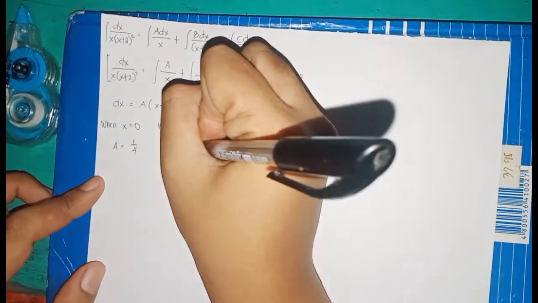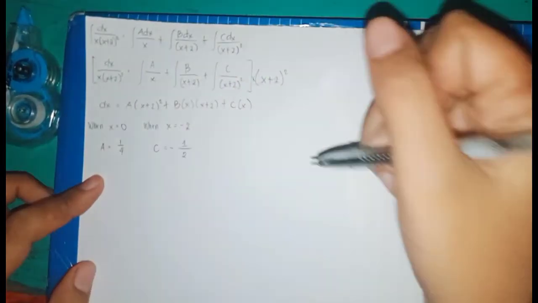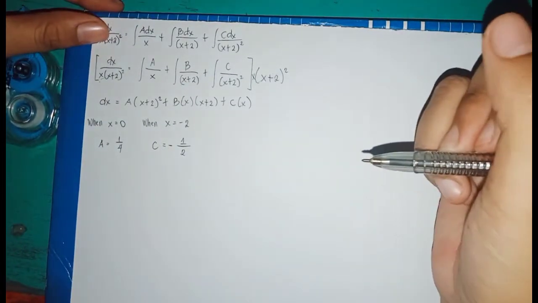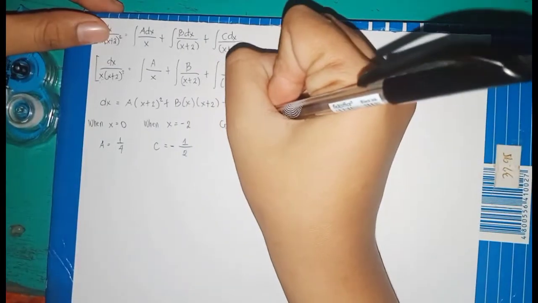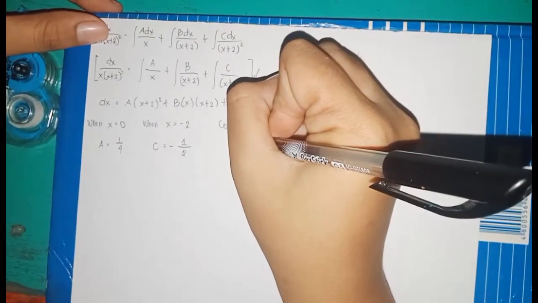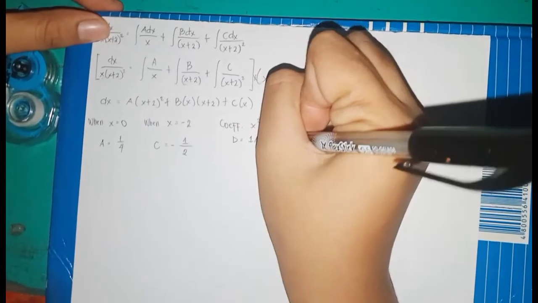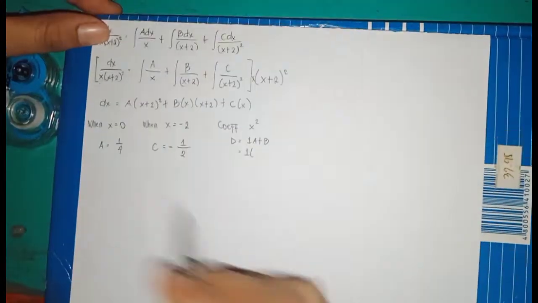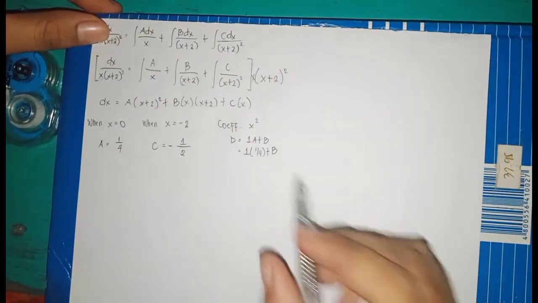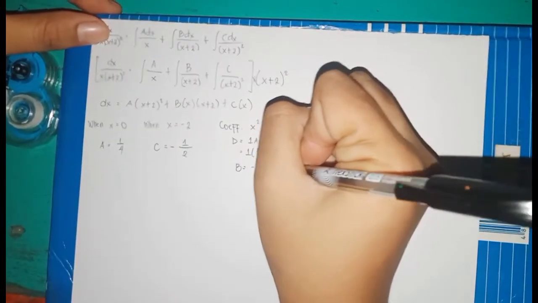That's why we have negative 1/2. To get the value of B, we need the coefficient of x squared. The coefficient of x squared is 1, which equals A plus B. So 1 is equal to 1/4 plus B, so B is equal to negative 1/4.